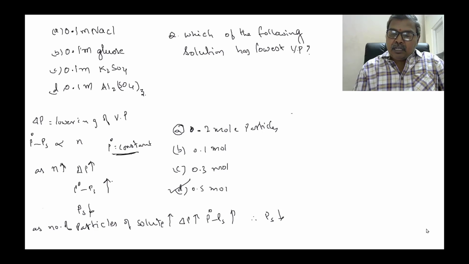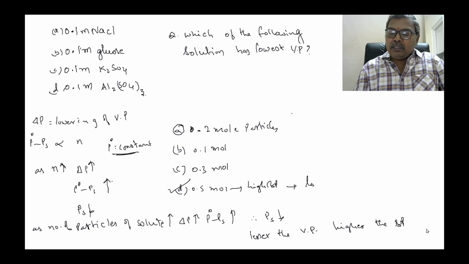Now remember, lesser the vapor pressure, higher the boiling point. See, already we discussed, this is having high boiling point. So therefore it possesses low vapor pressure. From this discussion also the same, right? As number of particles increases, vapor pressure of the solution decreases.